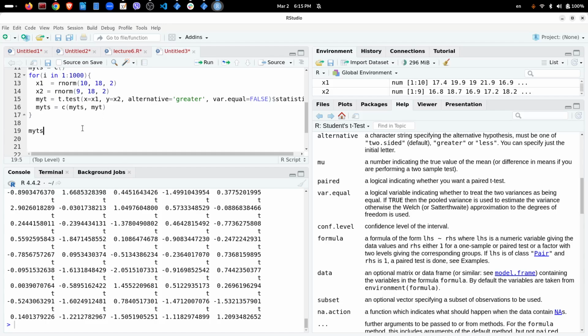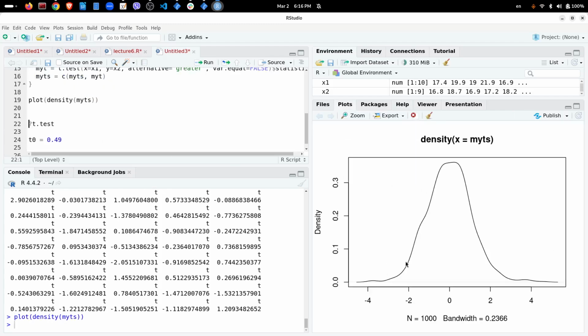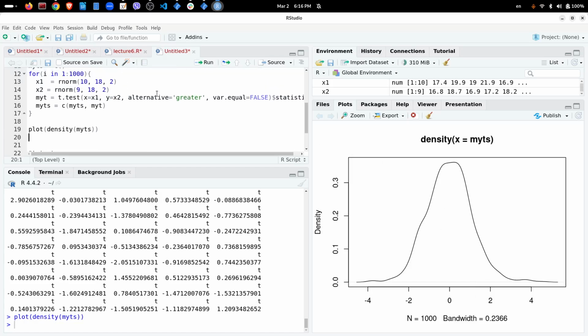Okay, so I can easily now make a density plot or a histogram plot or whatever. Let's say plot density of my t's. It looks like this. This is an approximation of this t distribution when the null is true. I can easily also put a line to see where my observation stands.